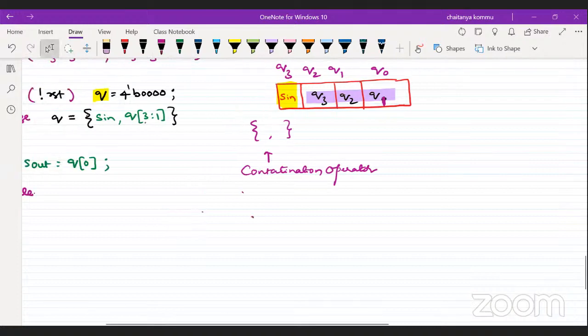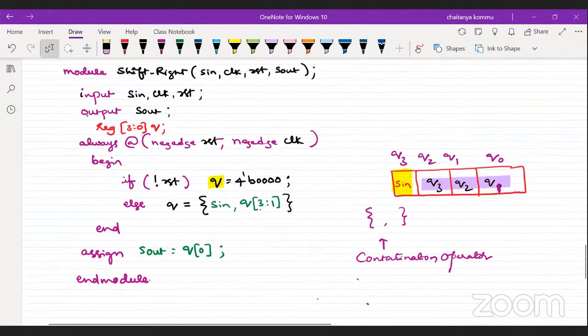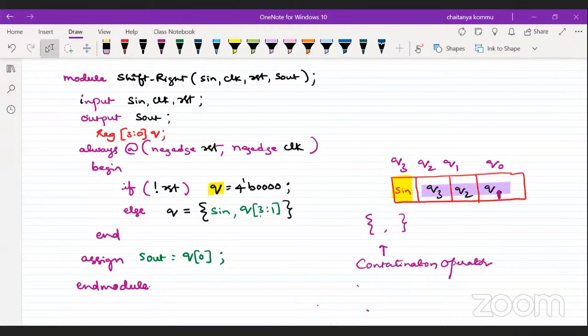Concatenation operator. Okay, it combines things. We discussed this point previously also. Okay, this is the simplest way that we can do it. Agreed? I hope you understood the concept here.